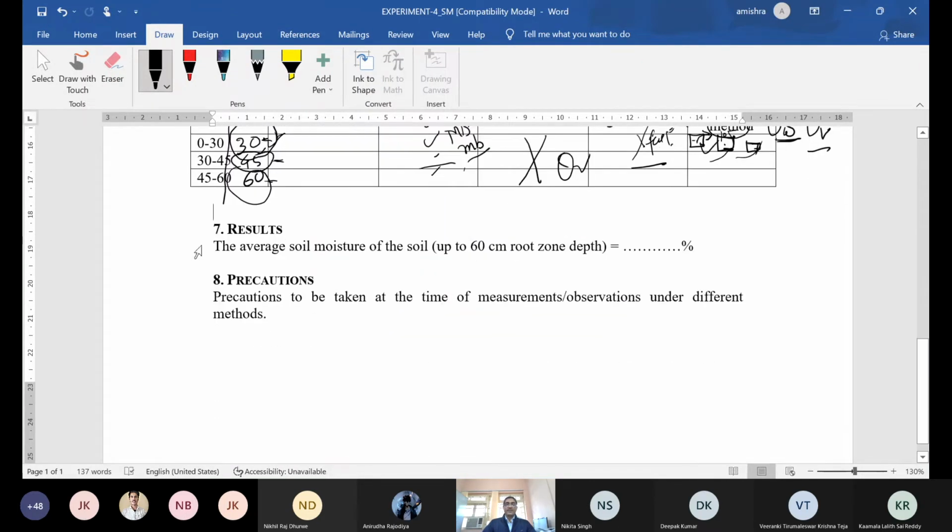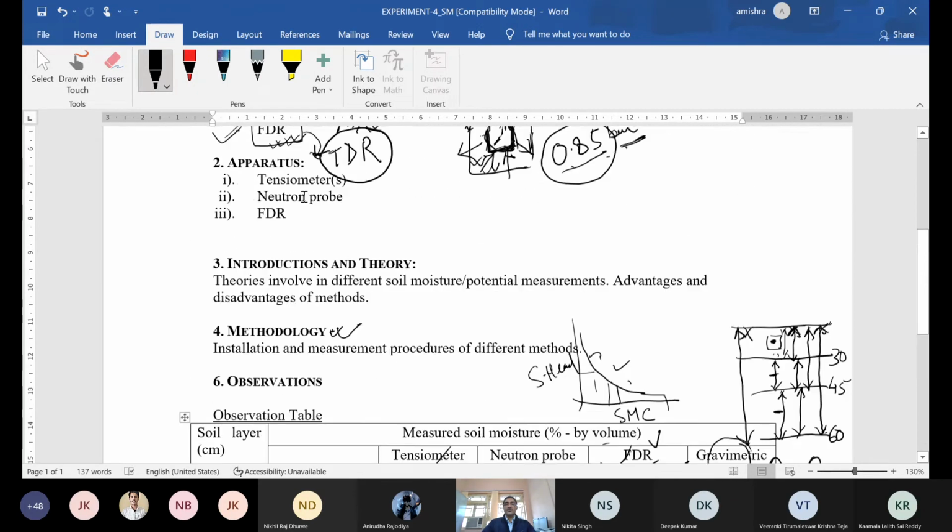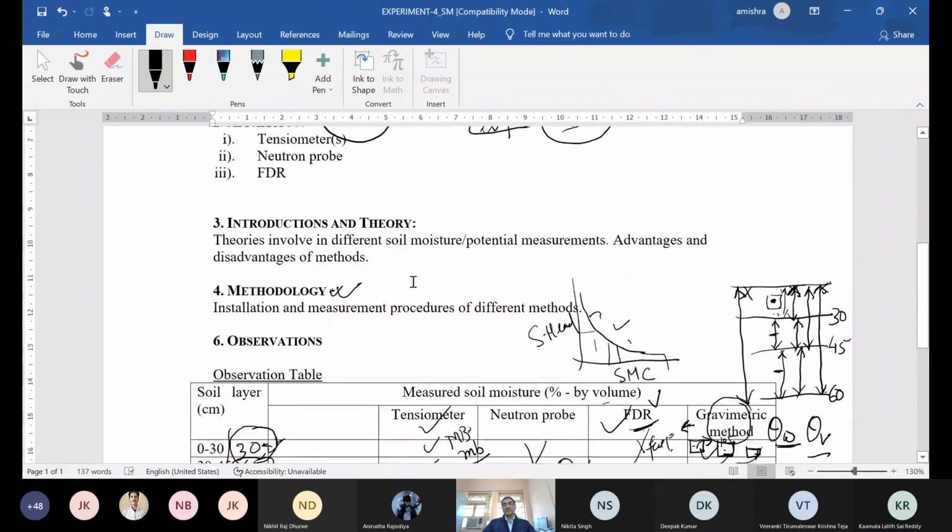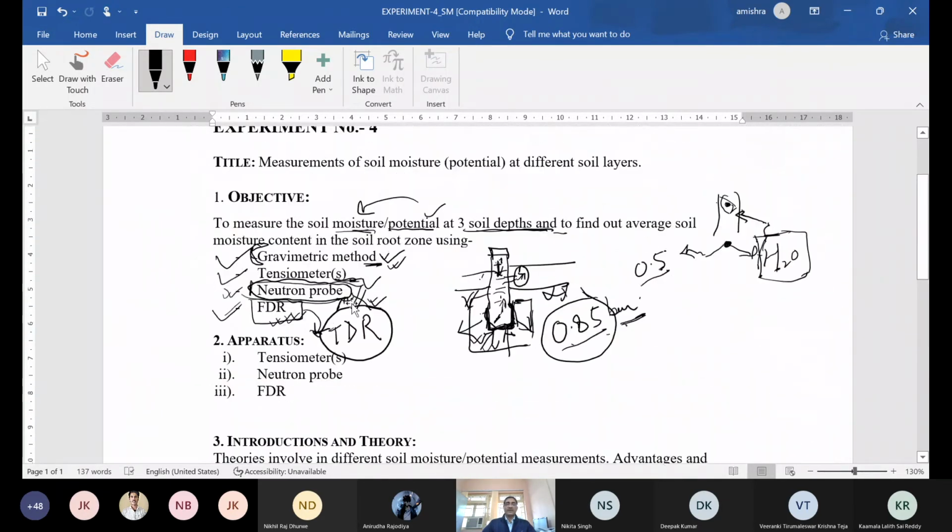And finally, you need to give the answer, the average moisture content of soil up to 60 centimeter root zone depth, in terms of percentage by volume, you can write here. And the precautions of these methods, where they should be used, where they should not be used, or what the limitations are.